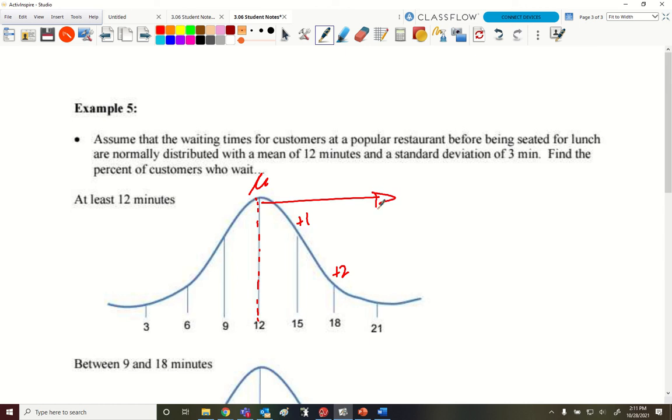Oh, 50. That's 50%, because that's the mean. We know that half of the data is on the left, half of the data is on the right. This is 50%. Is that pretty straightforward? That's the answer. So 12 minutes or more over here, that's 50% of the people waited 12 minutes or more.